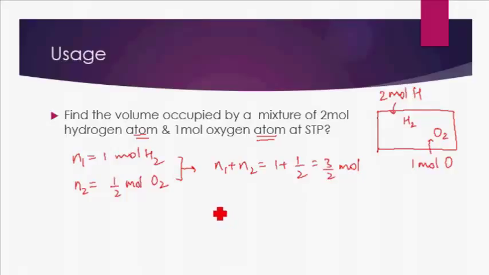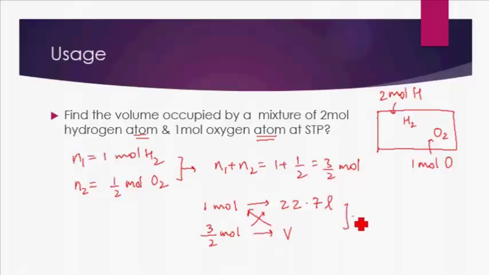So how do we calculate the volume? We can use the simple unitary method: 1 mole of ideal gas at STP, we just saw, occupies 22.7 liter. So how much volume will 3 by 2 mole of ideal gas occupy? Let's say V. So use the unitary method, that is, cross multiply.